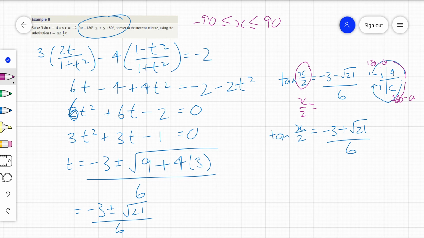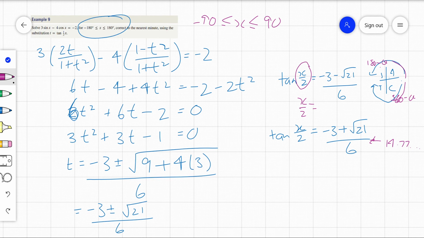Alright, so let me deal with that positive one first. Minus 3 plus root 21 divided by 6. Hopefully I've got that correct. And I'm going to shift tan of that answer. So my acute angle for this one here is 14.77, something like that.